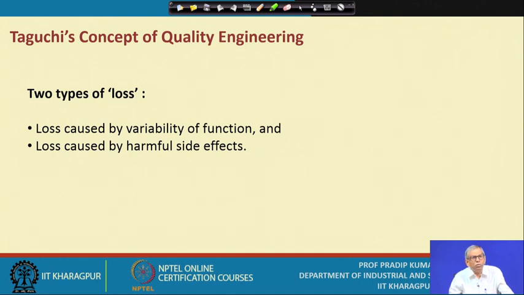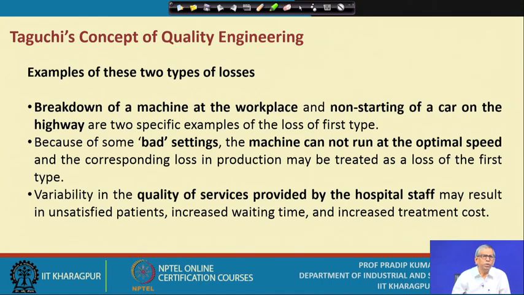Later on, we'll highlight those examples in the subsequent lecture classes. So, there are two types of loss. The first loss is caused by the variability of the function, and the second loss is caused by the harmful side effects. Okay, so now there could be several examples of these two types of losses.